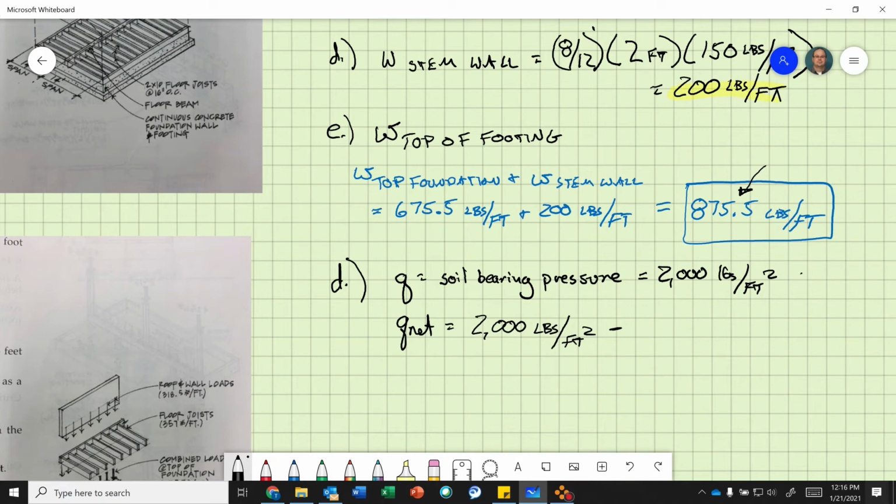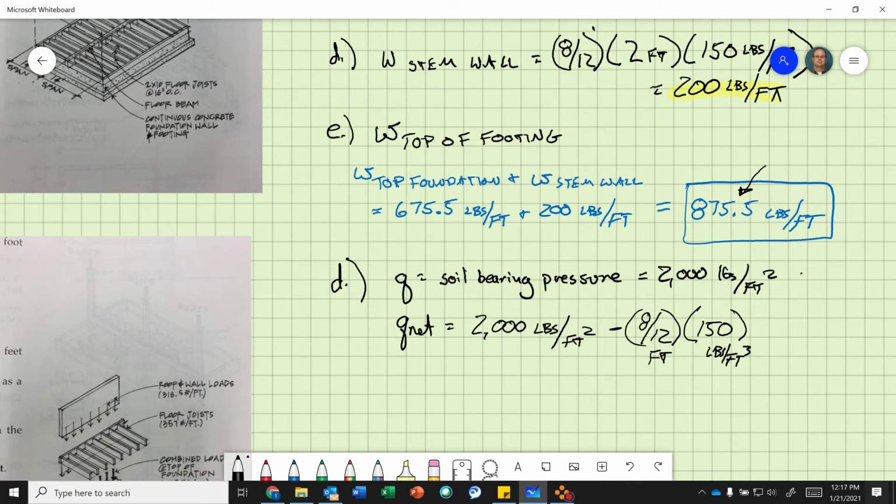It's typically, we know this, it's just the width is for the soil mechanics reason. So minus 8 divided by 12, because it's 8 inches thick, times 150. So this is feet, this is pounds per cubic foot. So this is pounds per square foot.